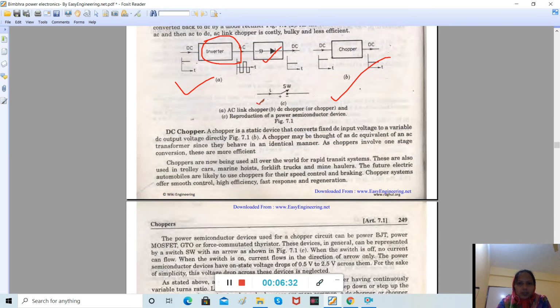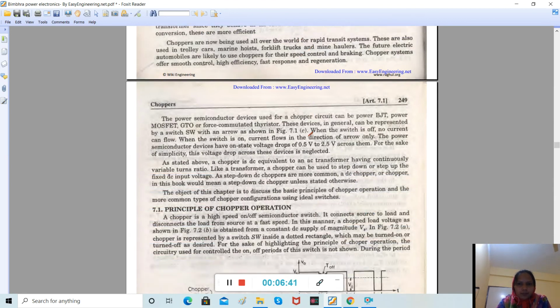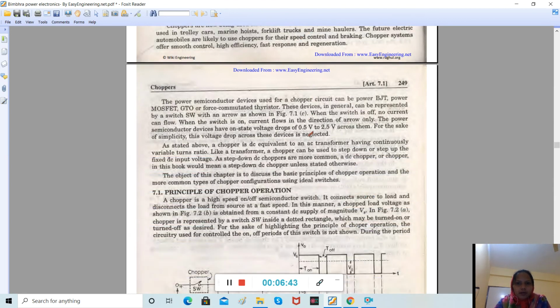This is the chopper circuit. It is a switch represented by an arrow. Okay, so in general, when the switch is off, no current can flow, and when the switch is on, current flows in the direction of arrow only.